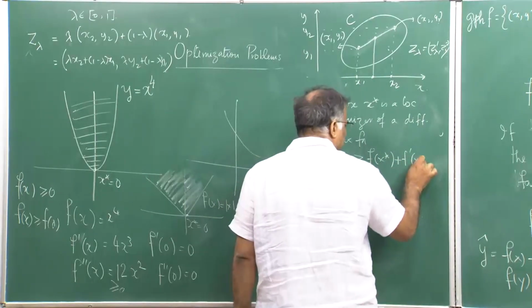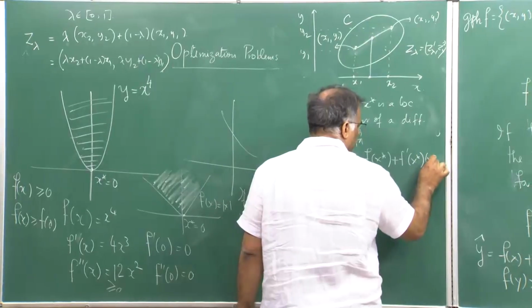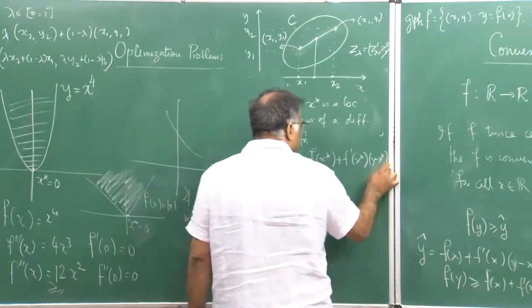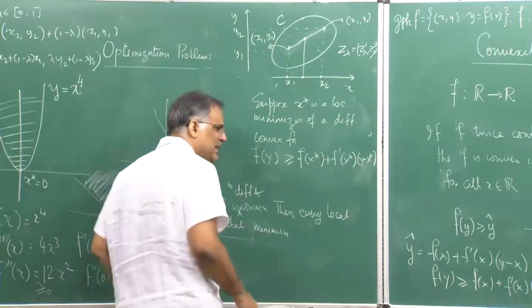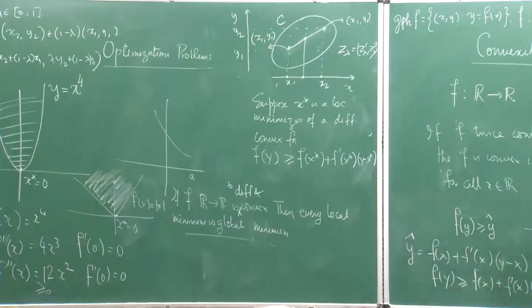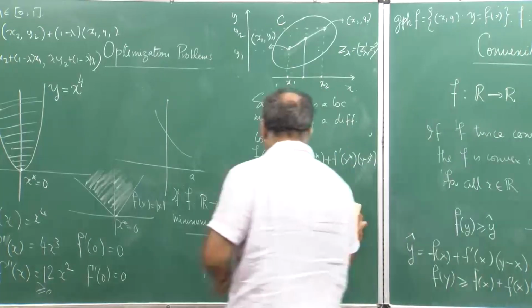So f dash of x star into y minus x star. But since x star is a local minimizer, we already know that f dash of x star is 0.